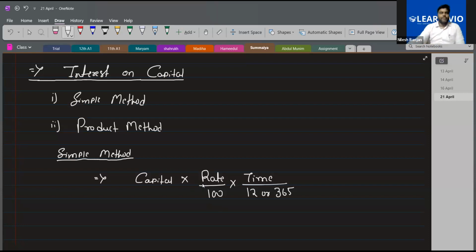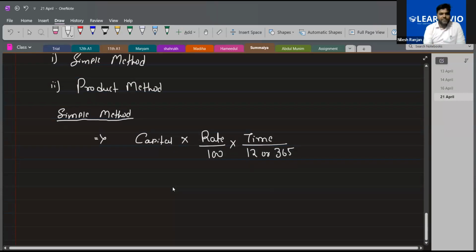In this method, we will use this formula for every change in amount.